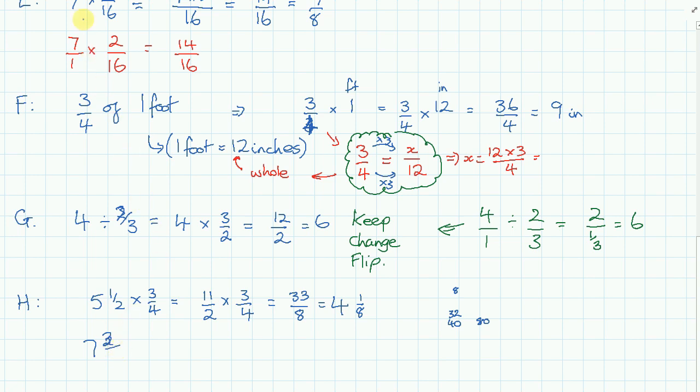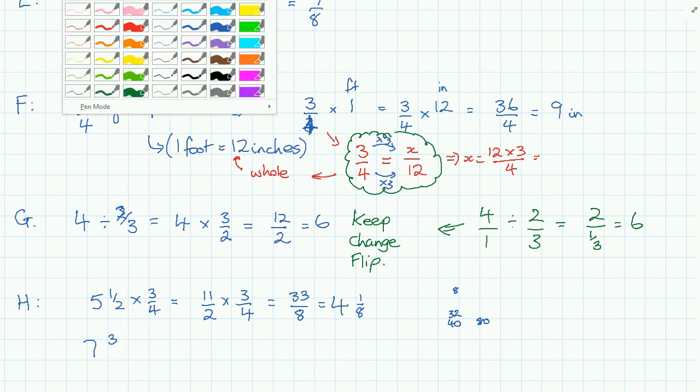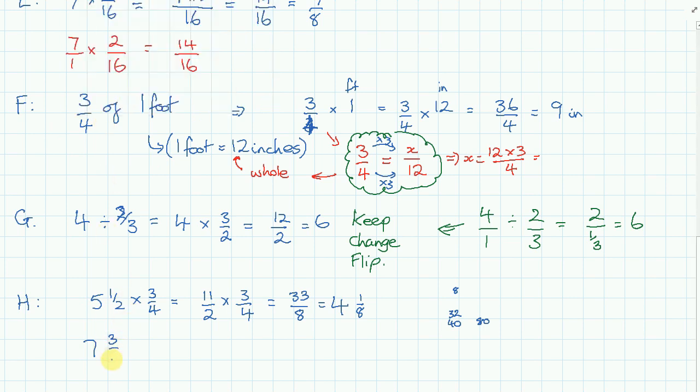No, it wasn't quarters, sorry. Let's go back. Let's move the page. So 7 and 3. Not 3. Yeah, let's do 3/5.